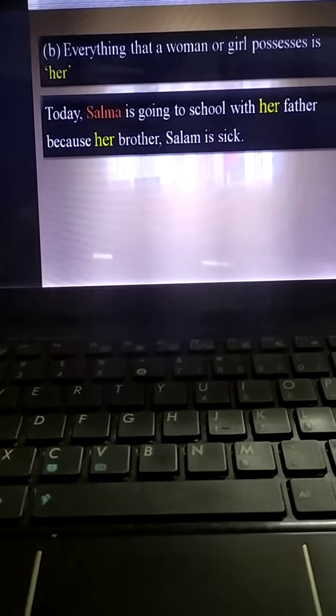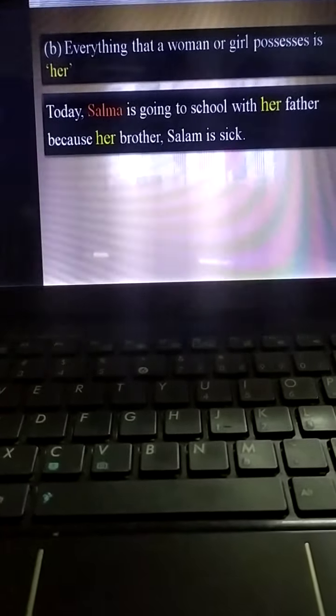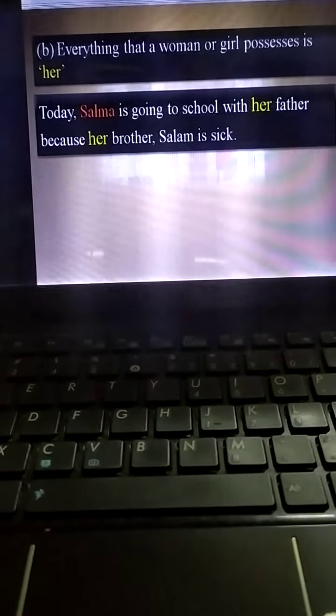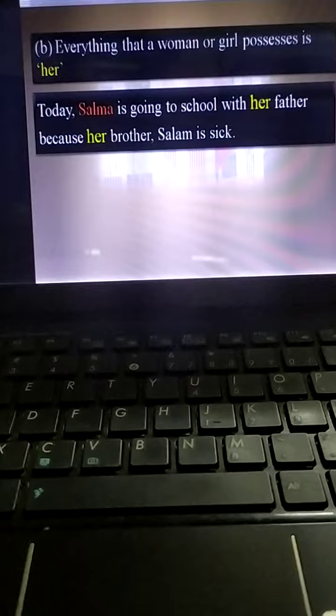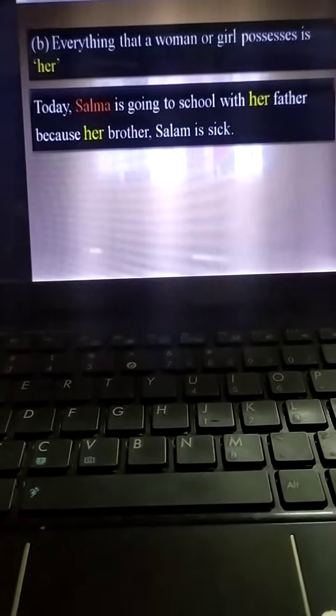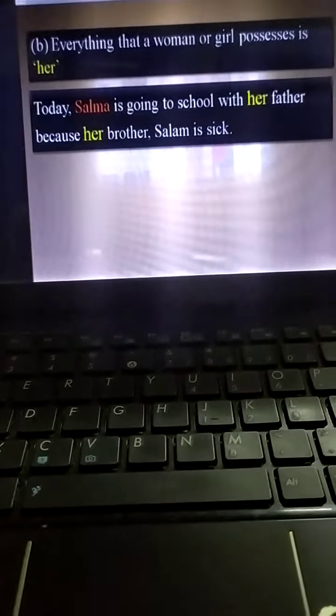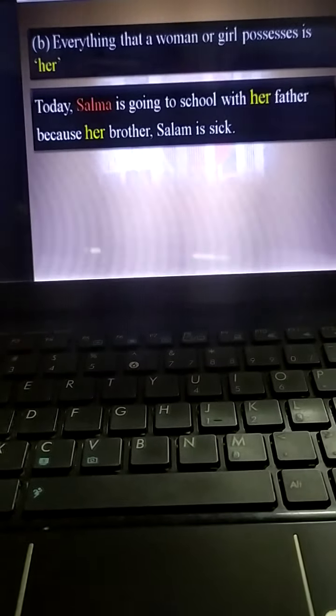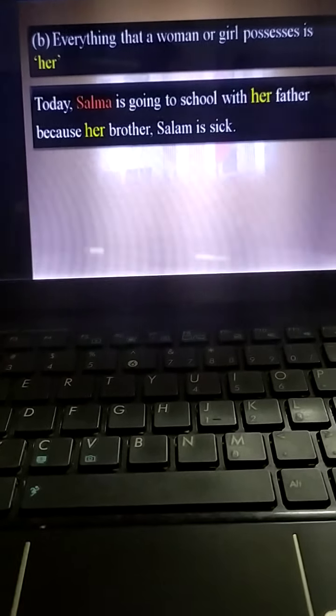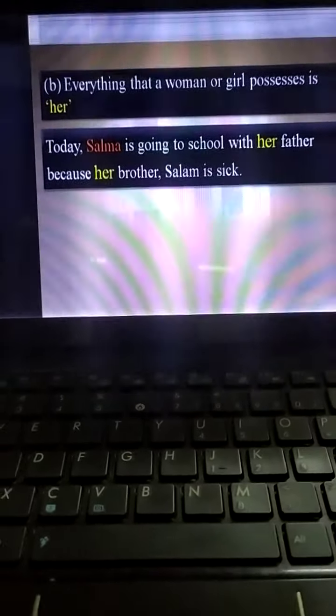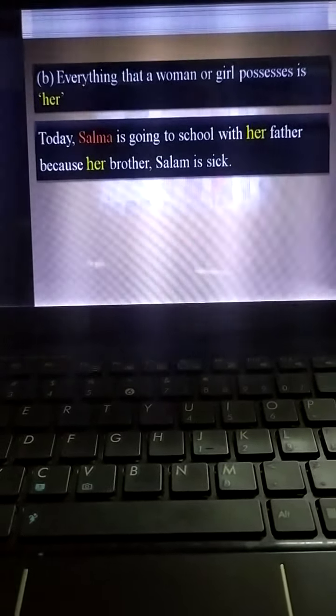Look at this, Salma is female, and the possessive adjective is her father. Her brother also. Therefore, regarding male, we have to use his, and regarding female, we have to use her.